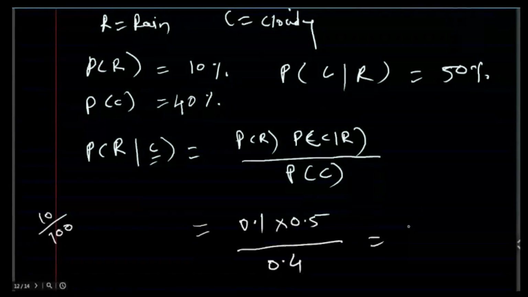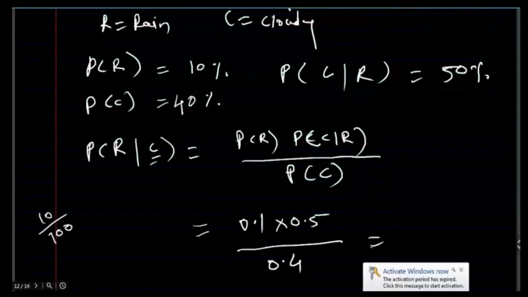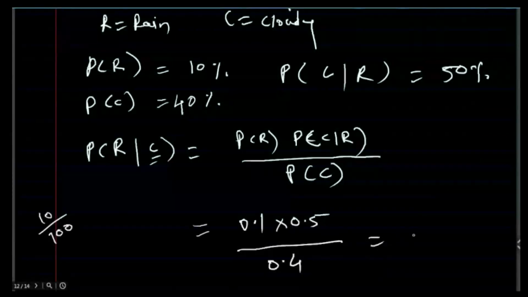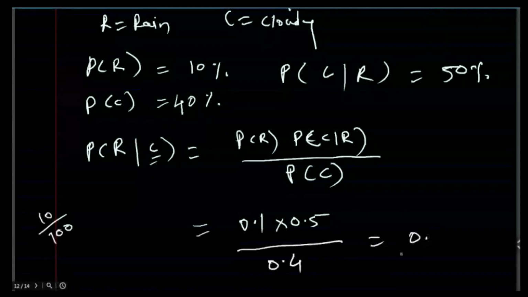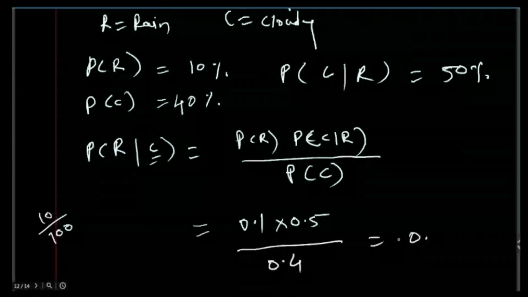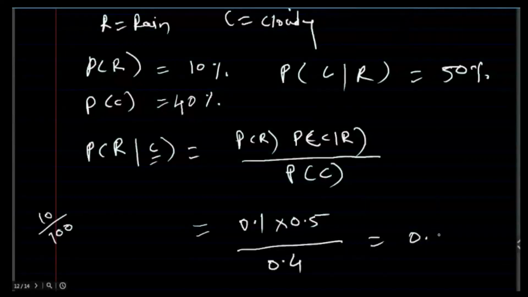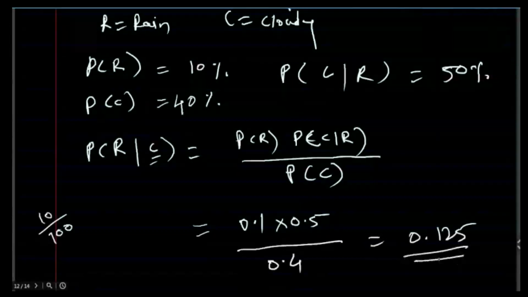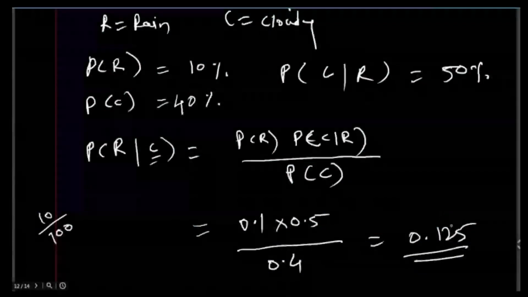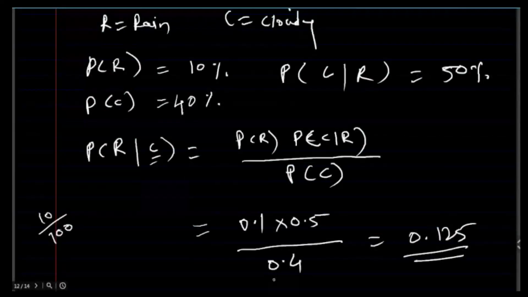Okay, now you can simplify this as the answer. If you solve this, you will get 0.5 into 0.1 will be 0.05. So probability of rain given cloud is equal to 0.125.